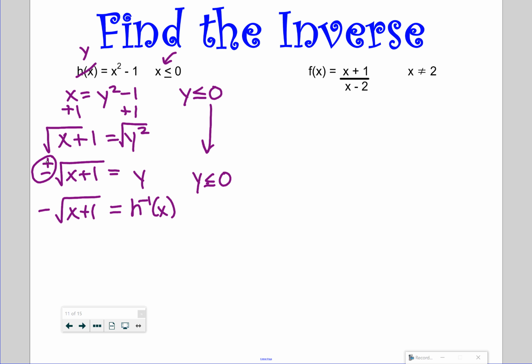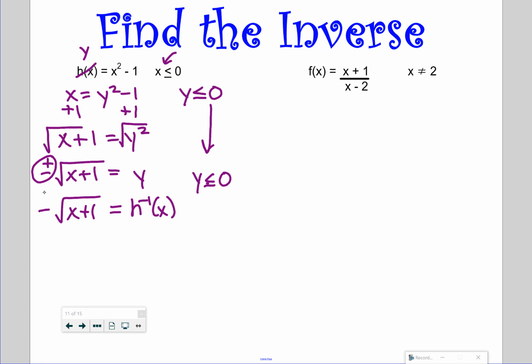If I only wanted positive values, you would see something like y greater than or equal to 0, and you could either put a plus out front or just nothing. But if we included both the plus and the minus, this would not pass the horizontal line test, and that would be an issue. Okay, so make sure you look for those restrictions that might help if you have two things to decide between, like a plus or minus as you're solving.